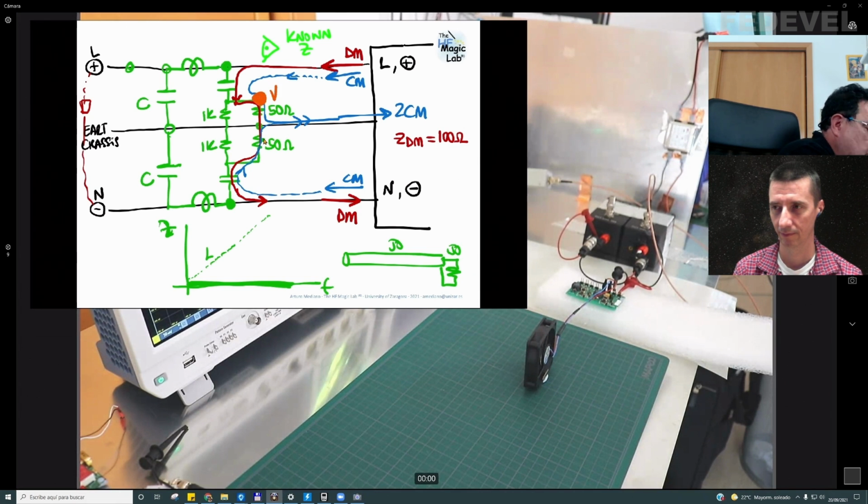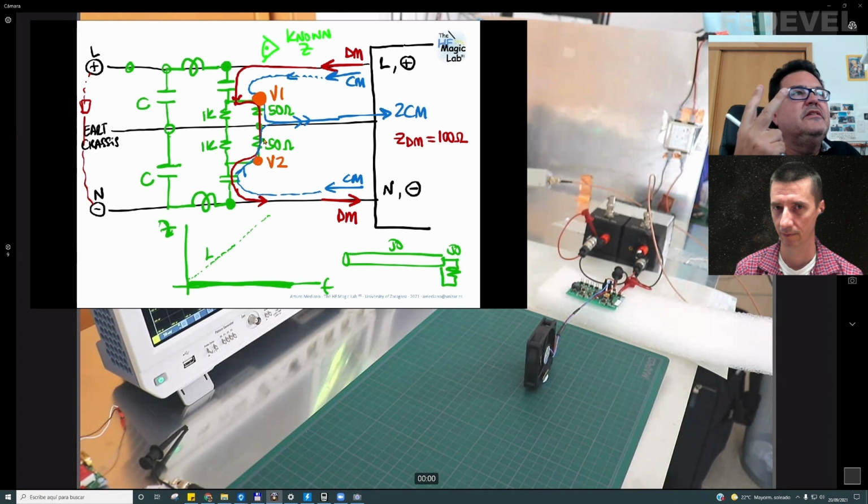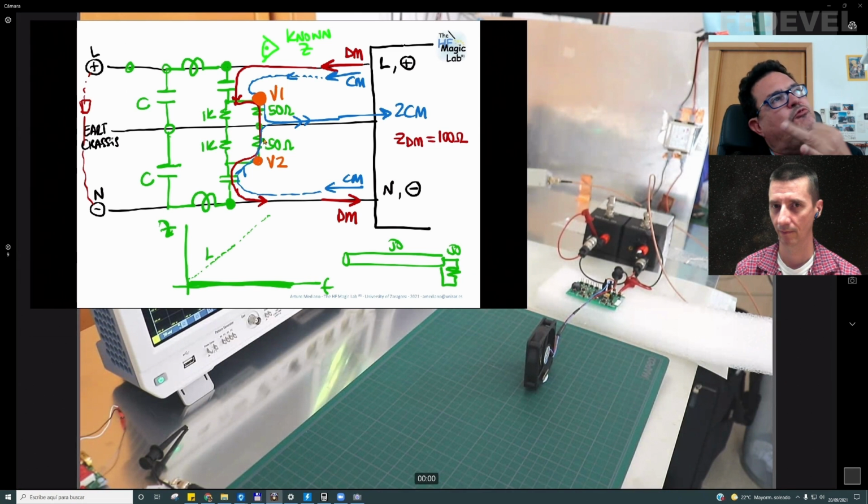Let's call this V1, and this voltage V2. And both voltages must be below the limit. You need to measure the voltage in the positive and the voltage in the negative, to compare with the limits, and both voltages must be below the regulation, or the voltage in line and the voltage in neutral.